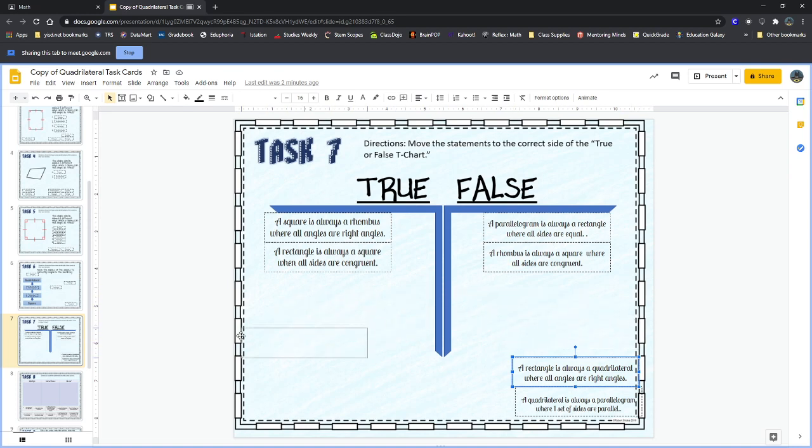Is this a true or a false statement? A rectangle is always a quadrilateral where all angles are right angles. What would you say, Christopher? True or false?